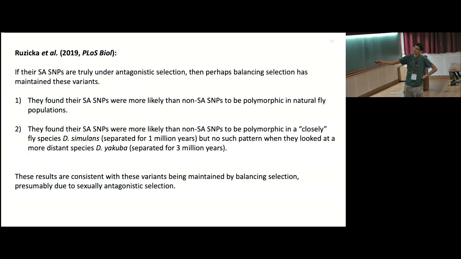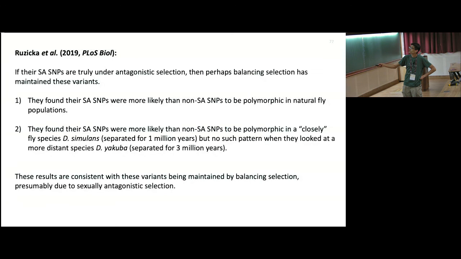So they find this when they do this comparison to Drosophila simulans, which is 1 million years separated, but they don't find that difference when they compare it to Drosophila yakuba. And so they argue that these results are consistent with these variants being maintained by balancing selection.